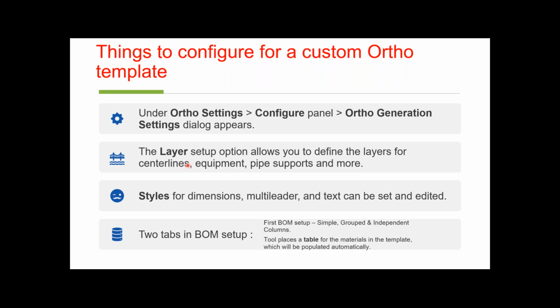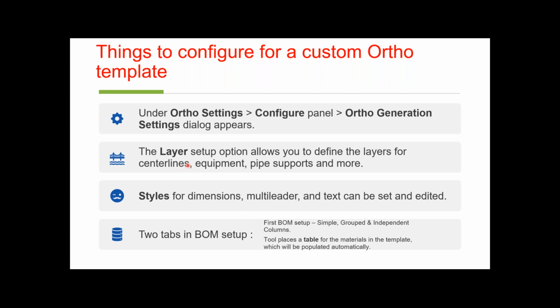You can change your layer information. And if you already have a drawing that has predefined layer information from the 3D model, you can make Plant 3D acquire that layer information and display it on your Plant 3D ortho drawings. We'll see that in a moment in Plant 3D.